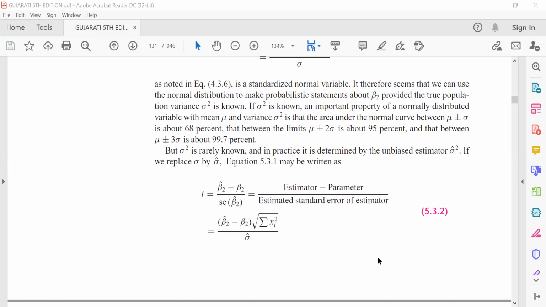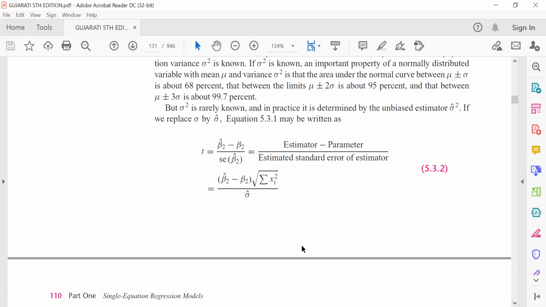Okay, if we use the t distribution, as the degrees of freedom go to infinity, the value of t is equal to the normal distribution value, 1.96.